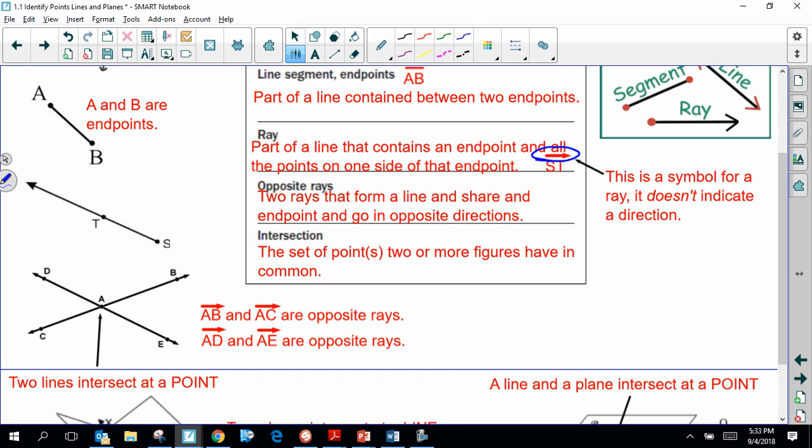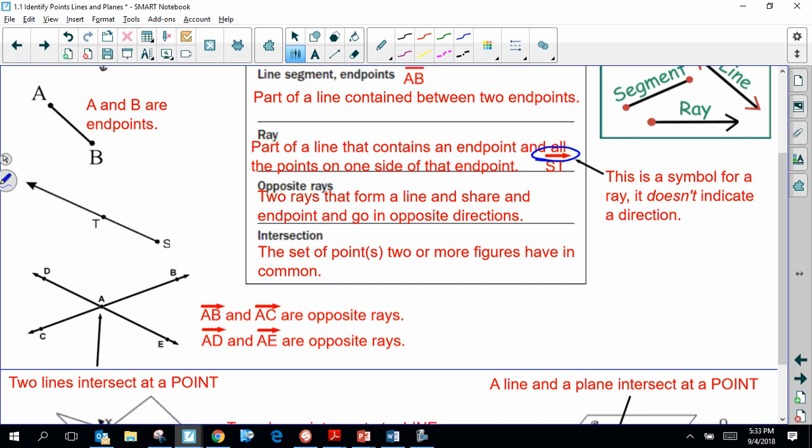It's an arrow. Now that arrow does not indicate a direction, and that is a common misconception by high school geometry students. They think that everything has to go to the right, and that's just a symbol for a ray. That's all it is. Opposite rays, or two rays that form a line, have the common endpoint and they go in different directions.